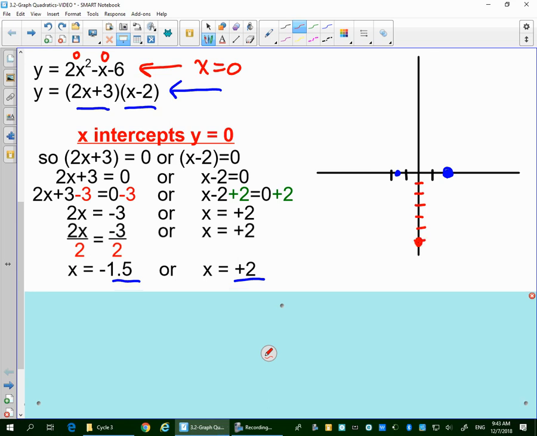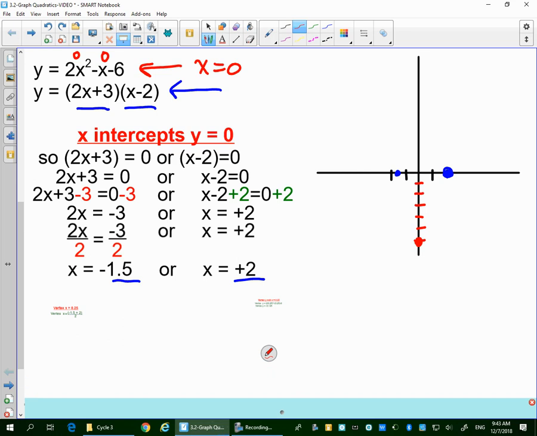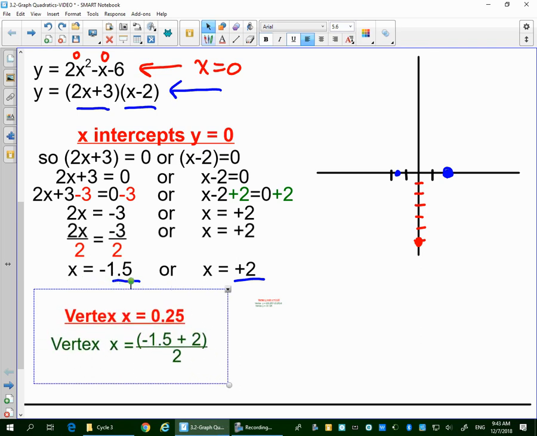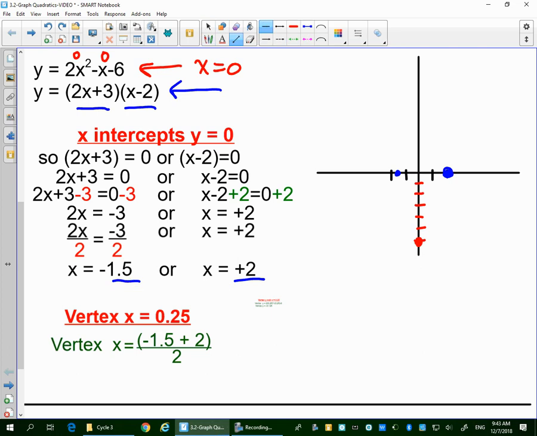Now the last point, the one we sometimes refer to as the fourth point, which is actually our vertex. We find the vertex by knowing that it is exactly halfway between these 2 points. So between the x-intercept here and the x-intercept here is the vertex.